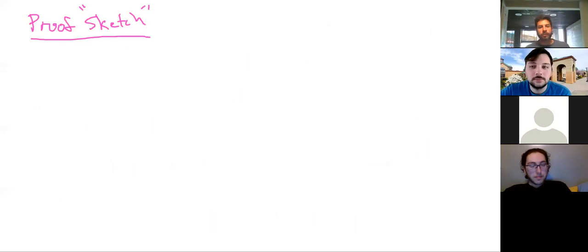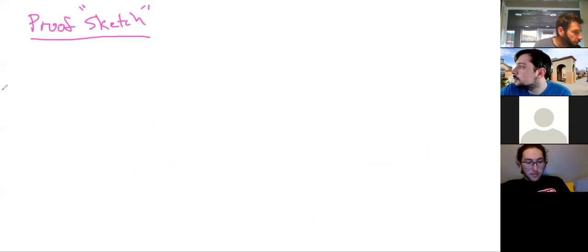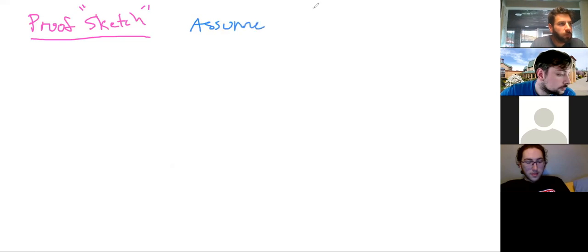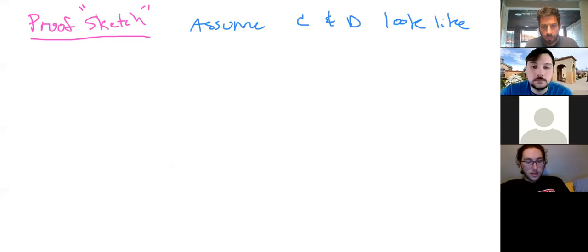So what we do for simplicity is we're going to assume that this region we're dealing with is very well behaved. Assume C and D look like, we want a special kind of region. So let's get our X and Y axis.